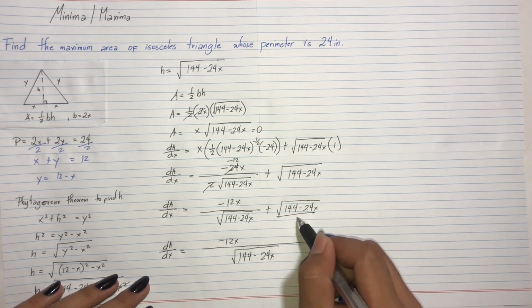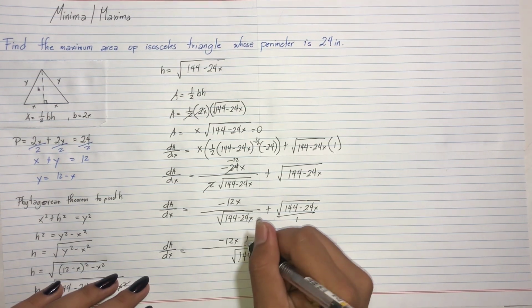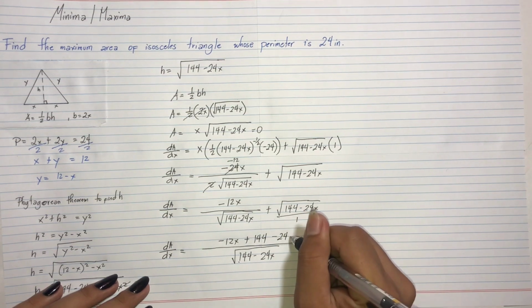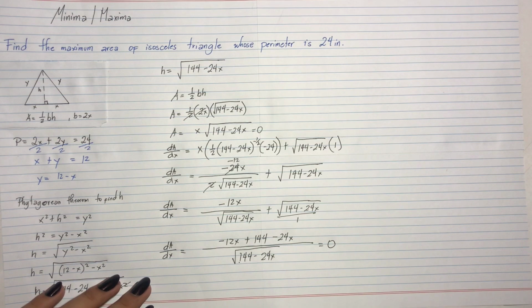Adding the fractions, we use the common denominator of the square root of 144 minus 24x. The numerator is negative 12x, and the square root times the square root gives us that the radical will be eliminated, that is plus 144 minus 24x, equal to 0.